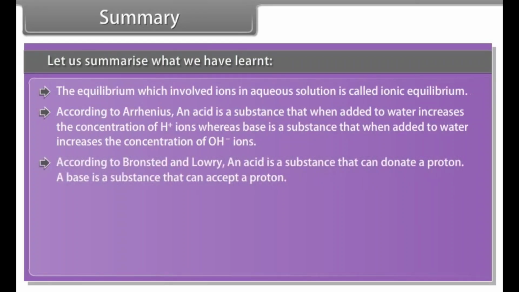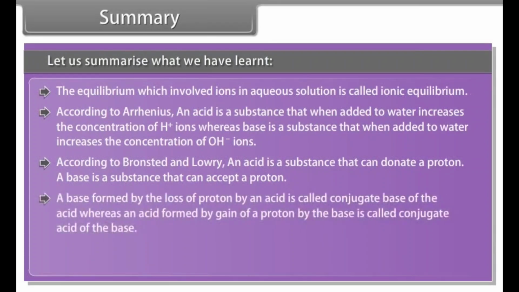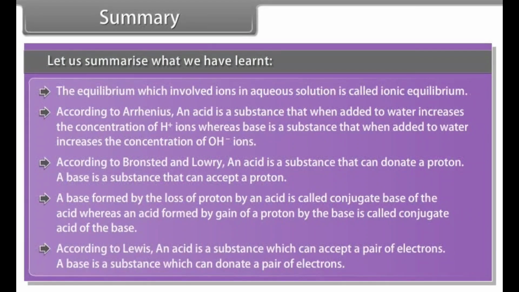According to Bronsted and Lowry, an acid is a substance that can donate a proton. A base is a substance that can accept a proton. A base formed by the loss of a proton by an acid is called the conjugate base of the acid, whereas an acid formed by gain of a proton by the base is called the conjugate acid of the base. According to Lewis, an acid is a substance which can accept a pair of electrons. A base is a substance which can donate a pair of electrons.